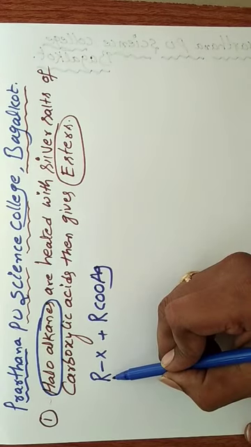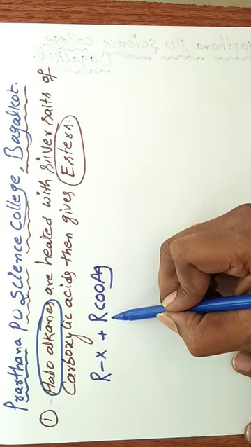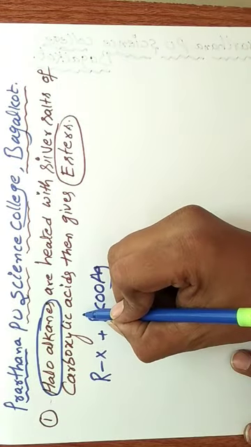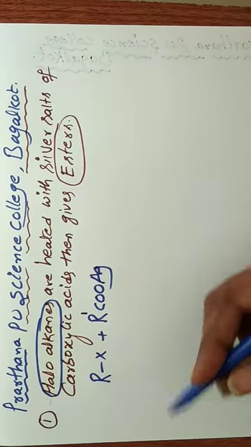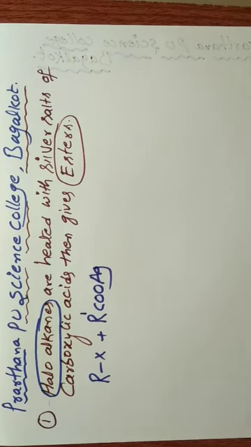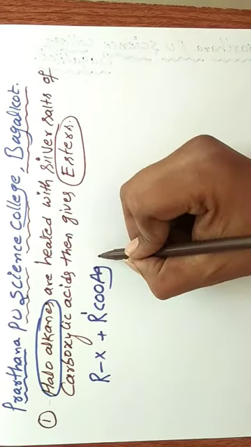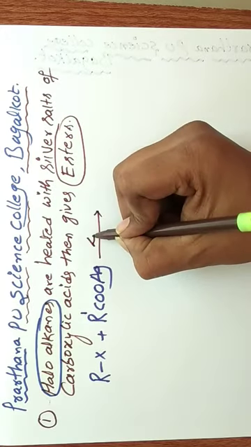Here this is also an alkyl group, and to show the difference we take R dash. What type of products can we expect from this reaction on heating?